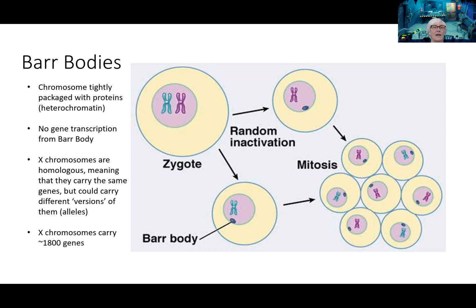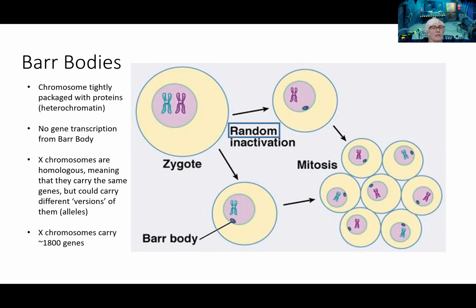So we inactivate one of our X chromosomes by packaging it very tightly with proteins to create what is called a bar body. This inactivation of an X chromosome is random, meaning that in some cells, we're going to turn off the mom chromosome. So that's in the lower part of this slide.